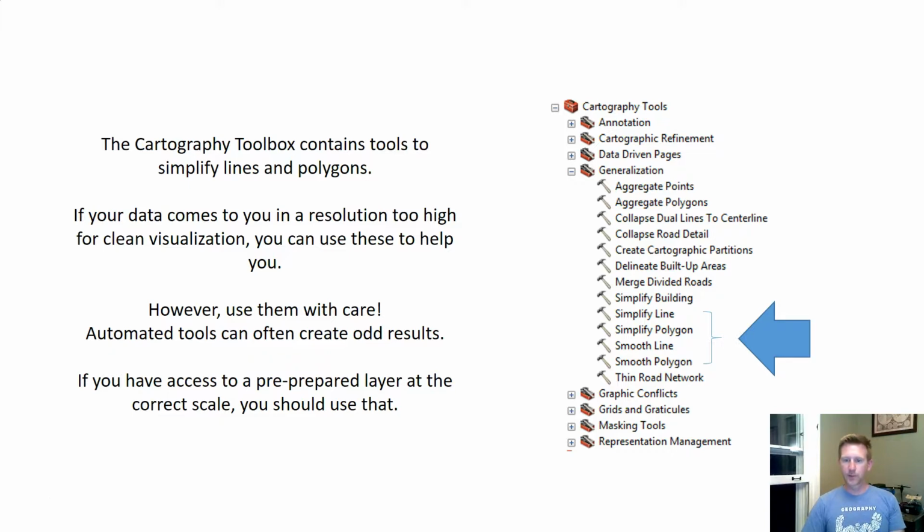So I wouldn't, for instance, recommend just grabbing the highest resolution census file and then applying these tools if you have those nice pre-prepared layers for you. If you don't, then you use what you've got. But if you can get a hold of a pre-prepared layer at a certain scale, then you should definitely do that. So we'll wrap this section up. The next section is going to be visual hierarchy, so stay tuned for that.